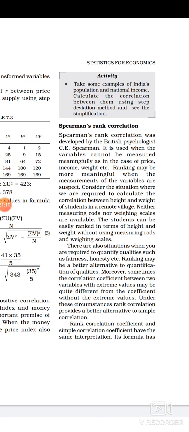The students can be easily ranked in terms of height and weight without using measuring rods and weighing scales. There are also situations when you are required to quantify qualities such as fairness, honesty, etc. Ranking may be a better alternative to quantification of qualities.